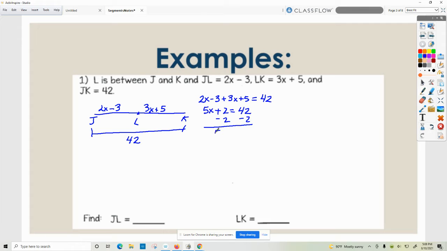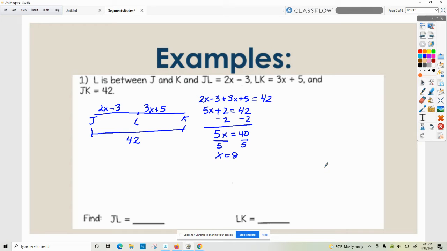That leaves me with 5x equal to 40. Then I'm going to divide both sides by 5. So the x that's going to make this happen is going to have to be 8.